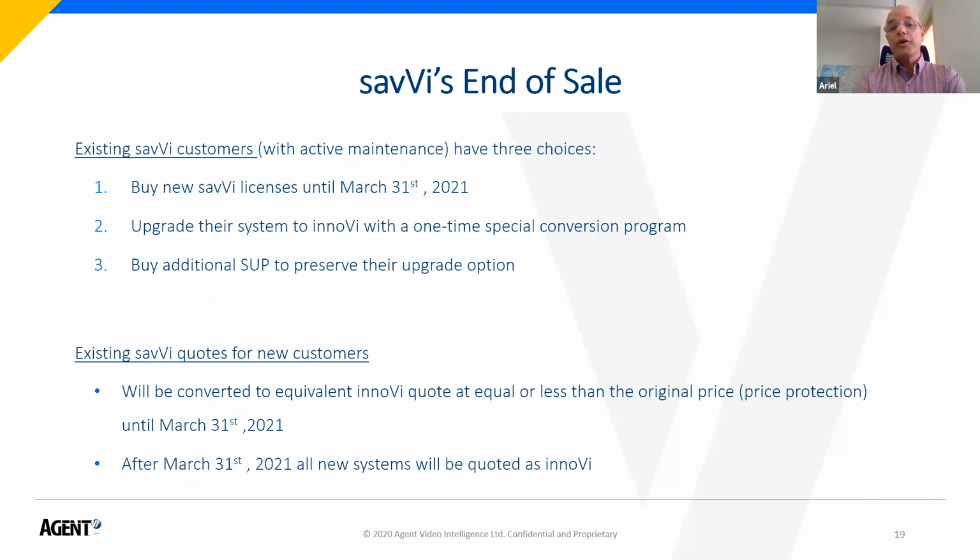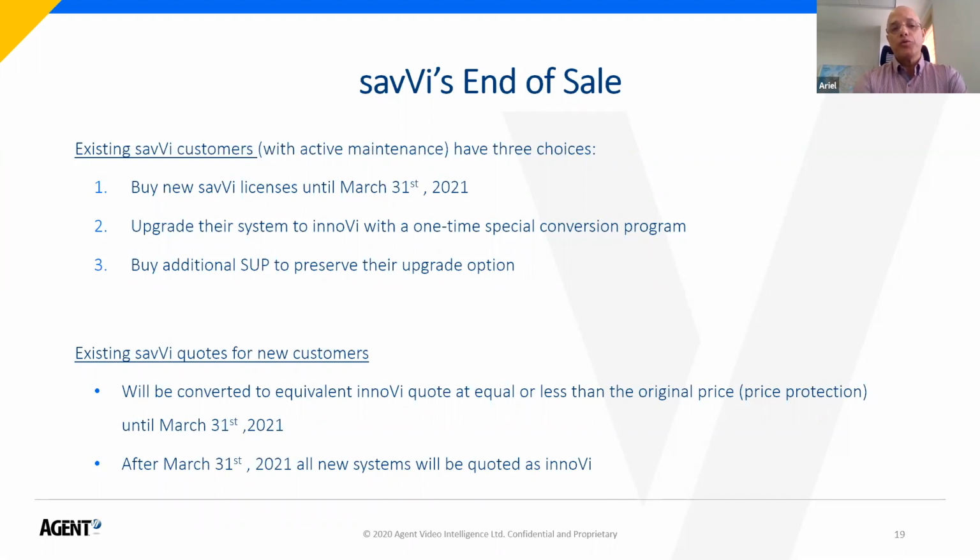The second option that you have is to upgrade your existing system to innoVi. In this case, there is a one-time special conversion program that I will relate to in the next slide.